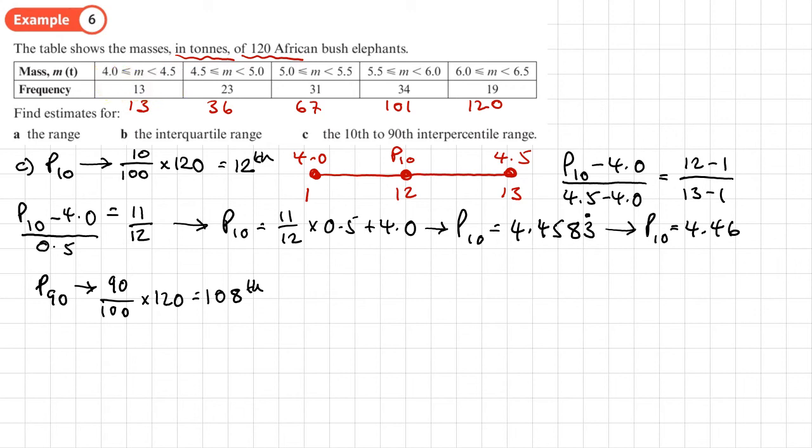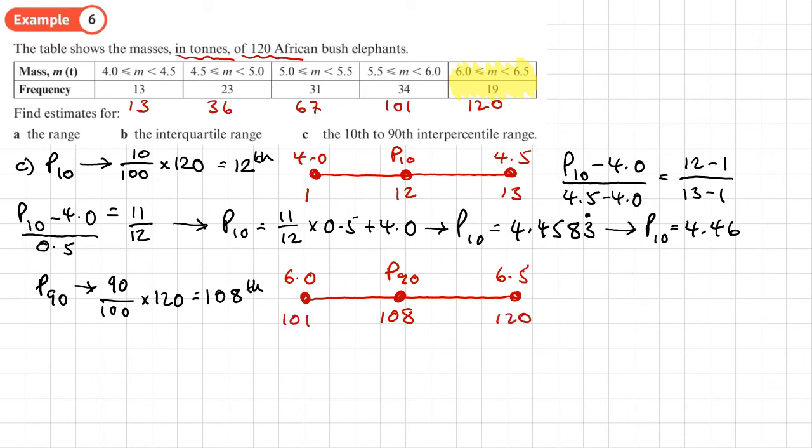The 108th value is going to be in this last group here, so we'll highlight that. Now I draw my bar with P90 in the middle, and it's 108th position. Values go from 6.0 to 6.5, and positions go from 101 to 120.